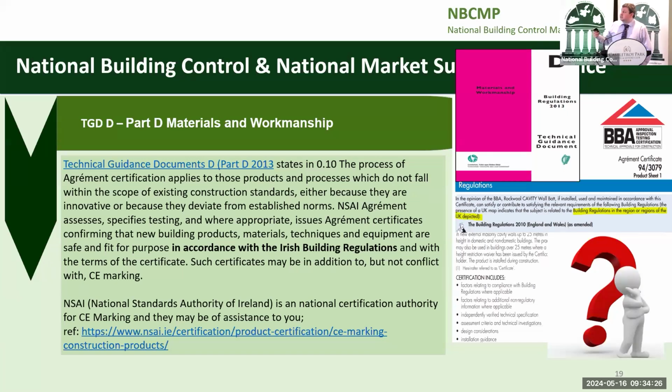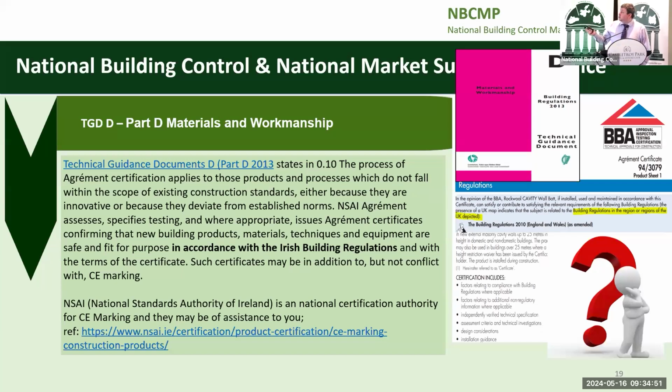process specifies testing where appropriate, and they issue an Agreement Cert, and they're always assessed for Irish building regulations and Irish standards. And we have our Irish standards, and there are national annexes attached to our Eurocode designs and stuff like that that need to be considered when you're assessing or getting your Agreement Cert.